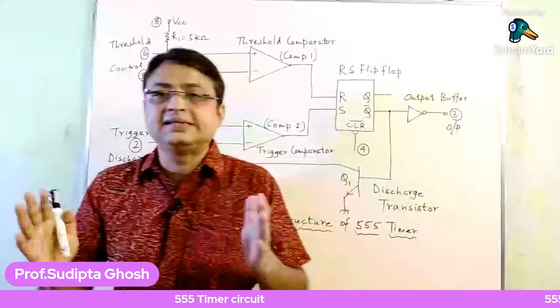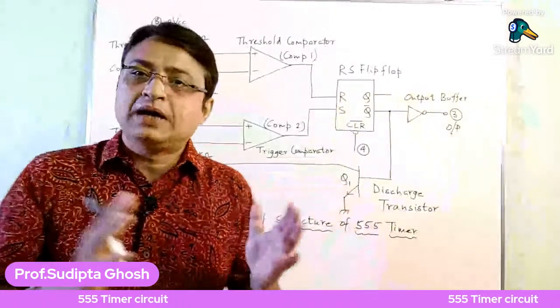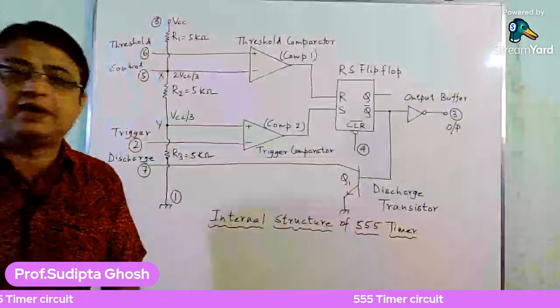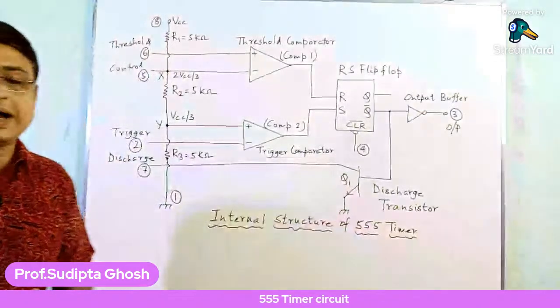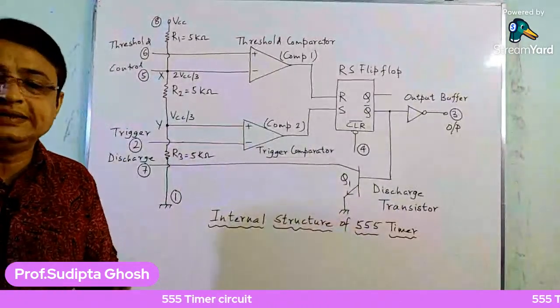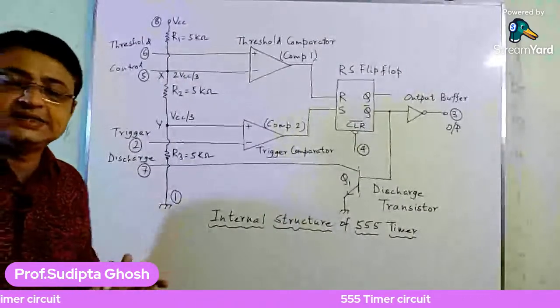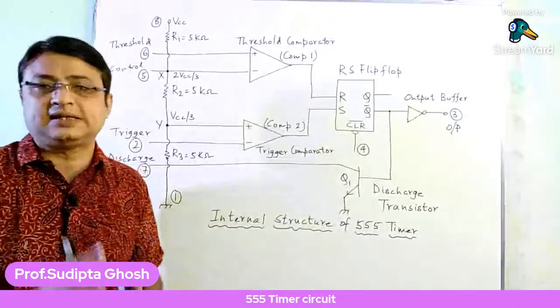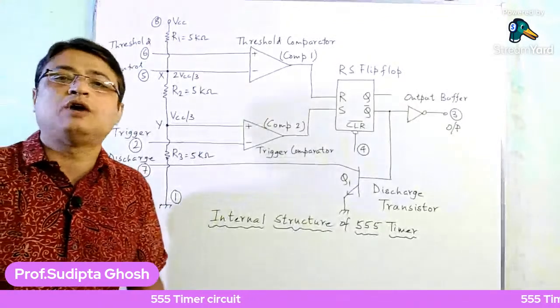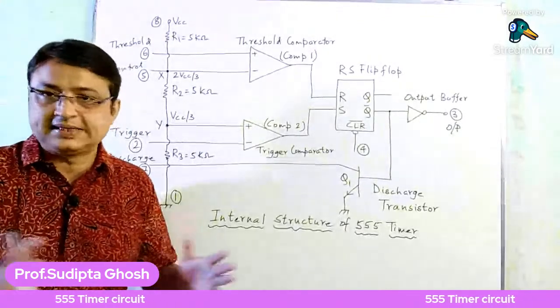So why is this circuit called a 555 timer? In this IC we have 3 resistors in series, and all the resistors have the same value of 5 kilo ohm. Is it clear?